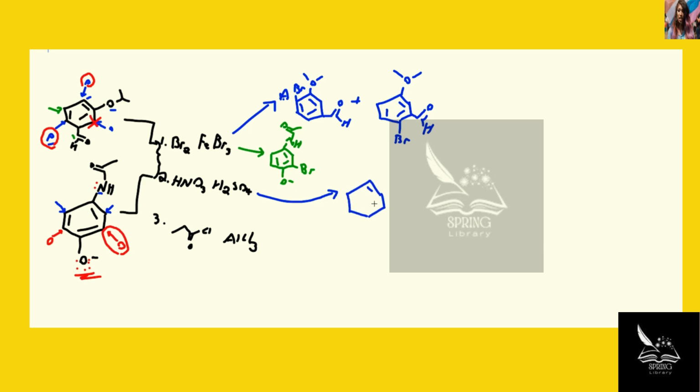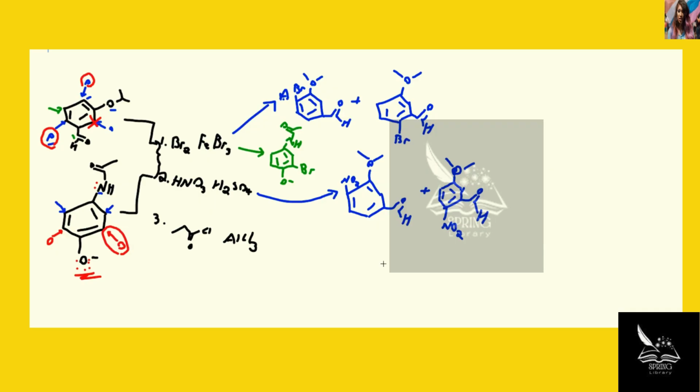For A, we'll have two isomers once again: one being the ortho-derived product with NO2, and an isomer being the para-derived product.